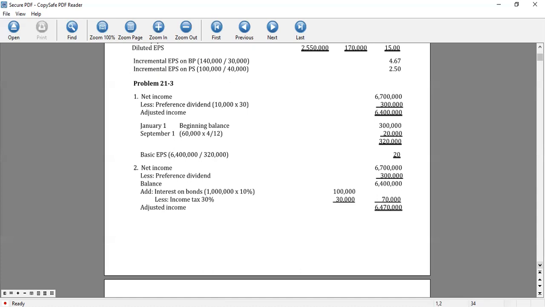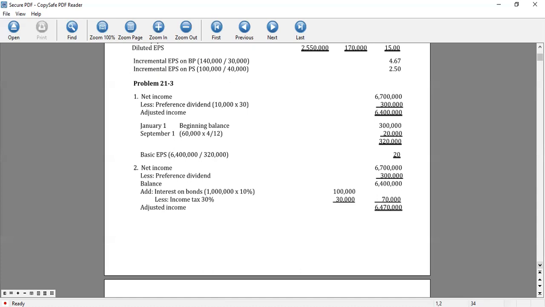In 2020, it's already 360,000. Because of this additional information, net income for the year ended December 31, 2020 was 6.7 million. During 2020, the entity paid dividends of 30 per share on the non-convertible preference shares.